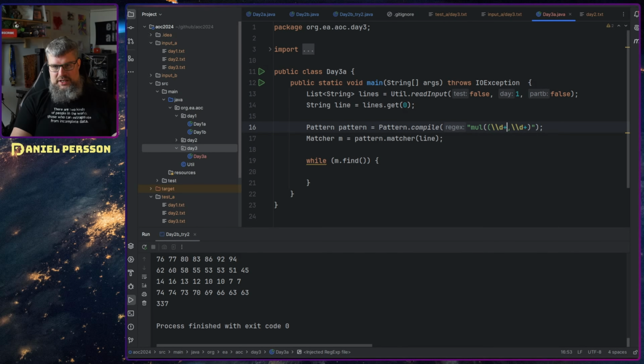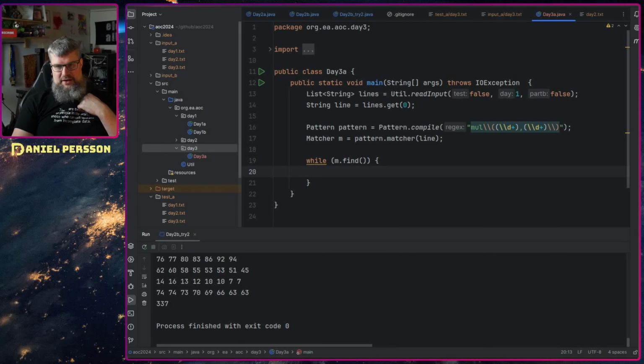We will put those into groups, and then we will say that these are part of the pattern. Oh, they need to be double backslashes. So those are a part of the pattern, and then we will have parentheses saying these are the 2 numbers.